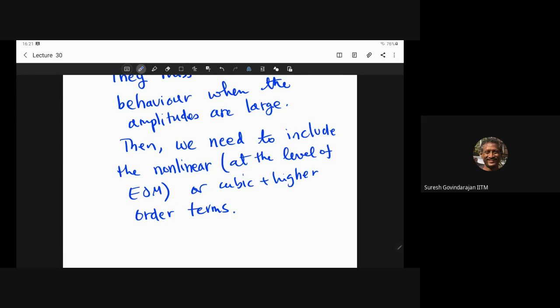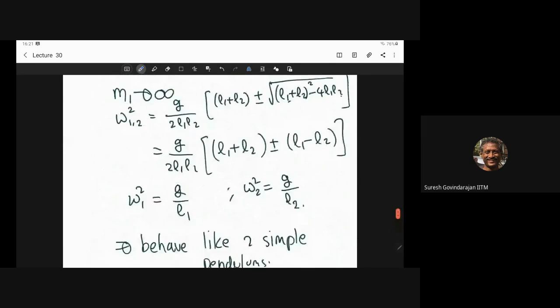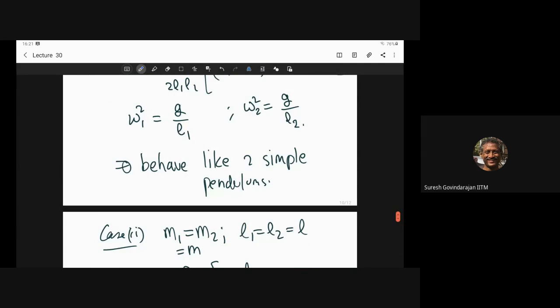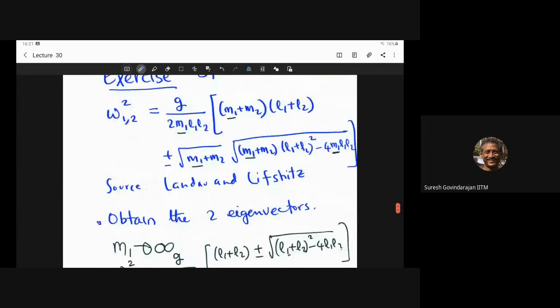In particular, we know that what we are getting here for small oscillations is nice periodic behavior, which is very, very nice.